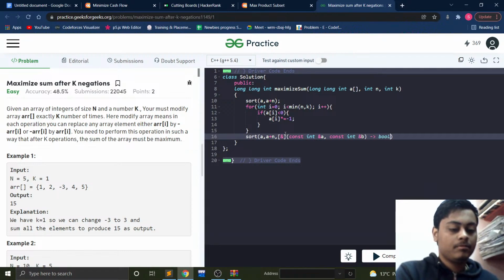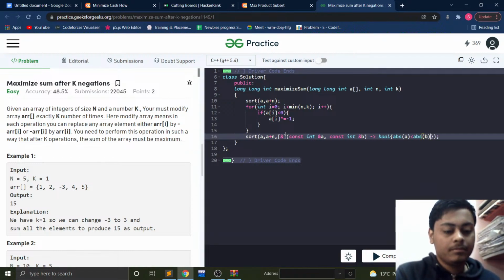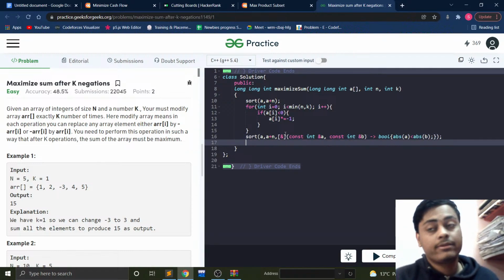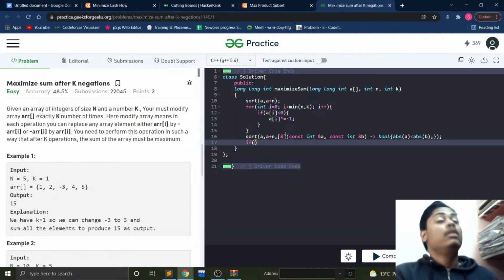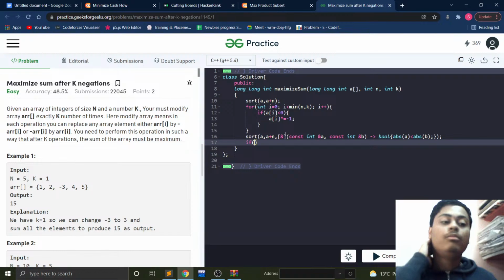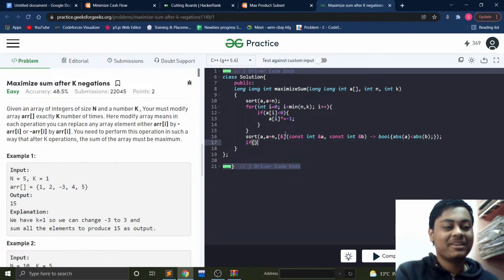How will I sort? Absolute value of a is less than absolute value of b. Fine, I've sorted. Now that also I have to sort, if k is odd.